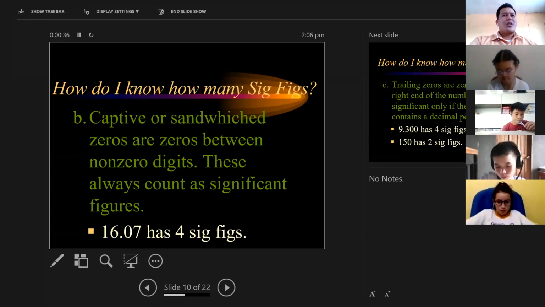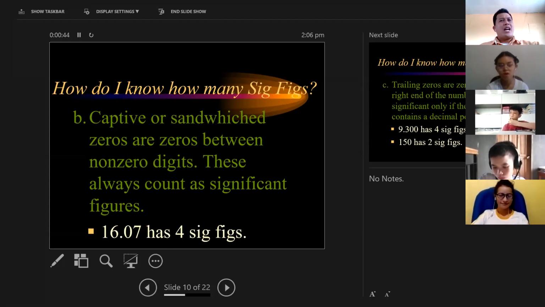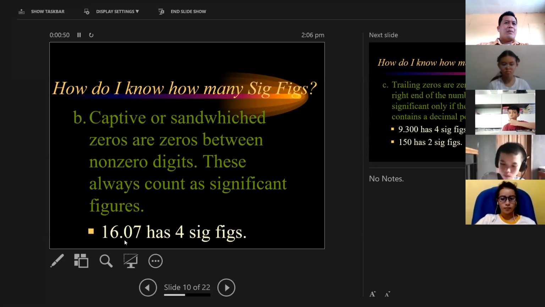Therefore, we can also call them captive or sandwiched zeros. So captive or sandwiched zeros are counted as significant figures. So in this case, the zero after the decimal point that follows 6 is significant. So you have here 4 significant figures.